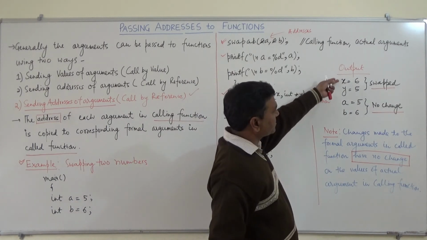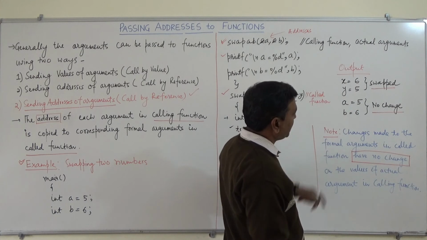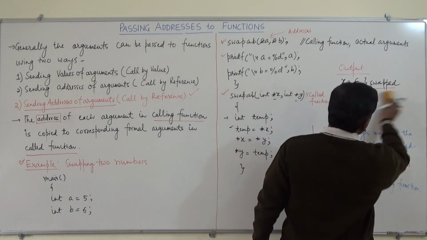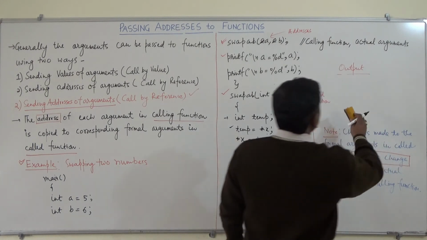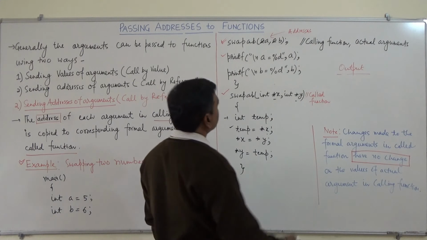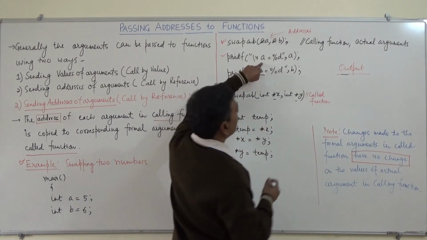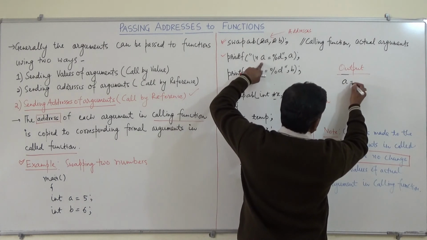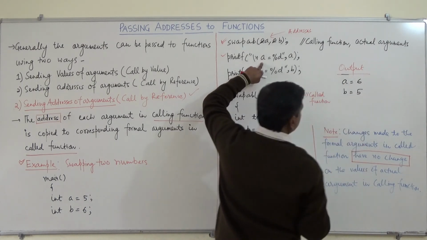Earlier in case of call by value we were printing x, y, A and B, but here we are printing only two values after this calling. So here the value of A will be 6 and the value of B will be 5.